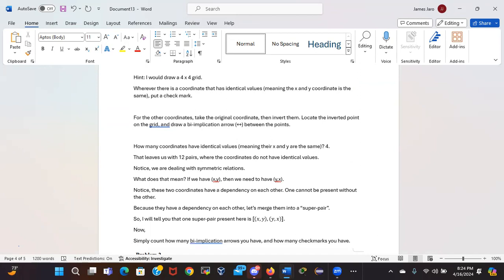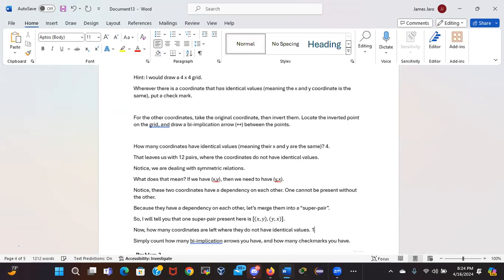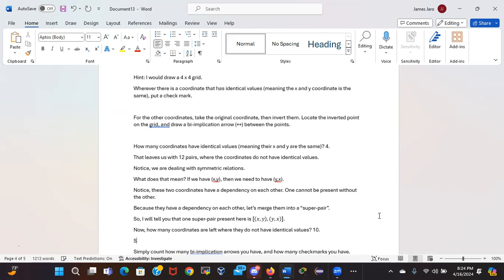Now, how many coordinates are left where they do not have identical values? There's 10 of them. You're left with 10 of them. So how many super pairs can I make with these 10 coordinates?